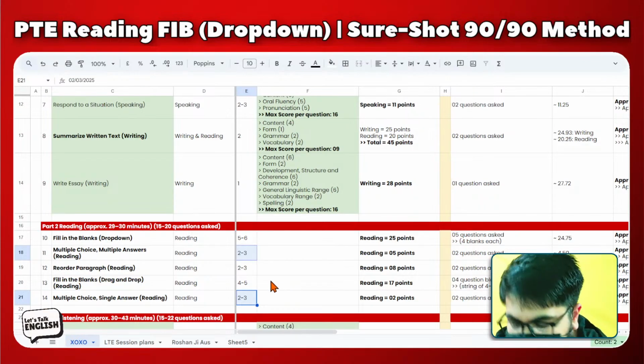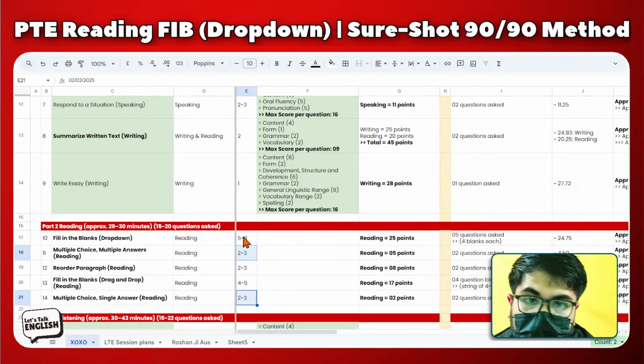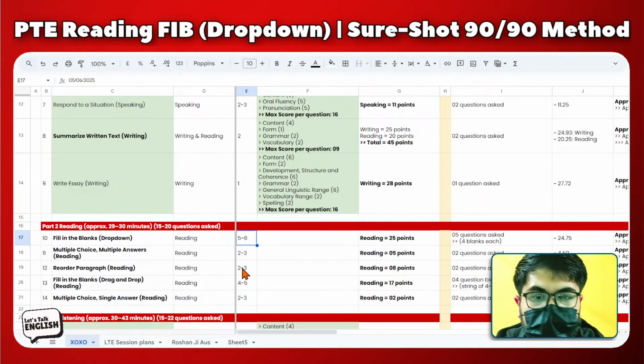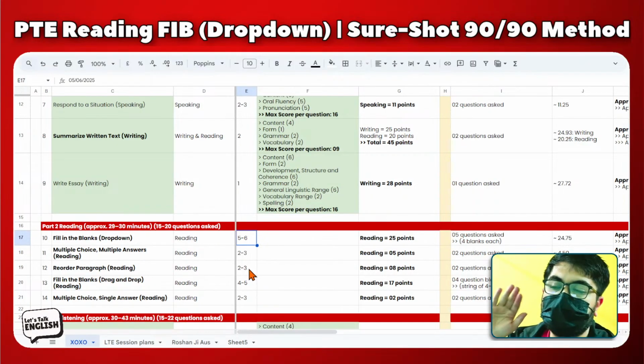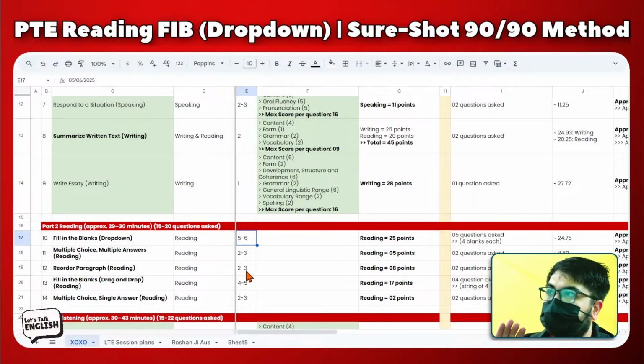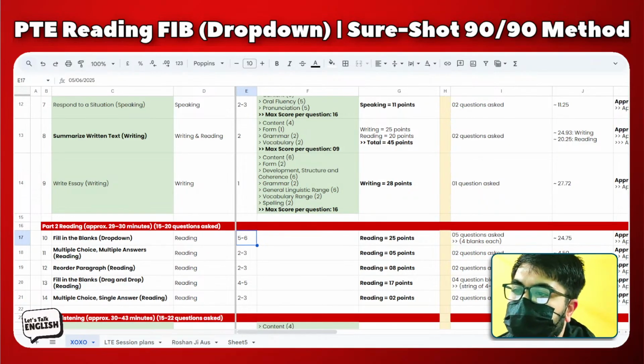If you lose out these 5 questions because they weigh very less, right, what you're going to be left with is 15 questions of fill in the blanks drop down, fill in the blanks, drag and drop, and reorder. So simple maths, you are there with around 2 minutes per question, out of which some of the questions you'll do very quickly. So even if something takes 2.5, 1.5 minutes, average 2 minutes is more than enough.